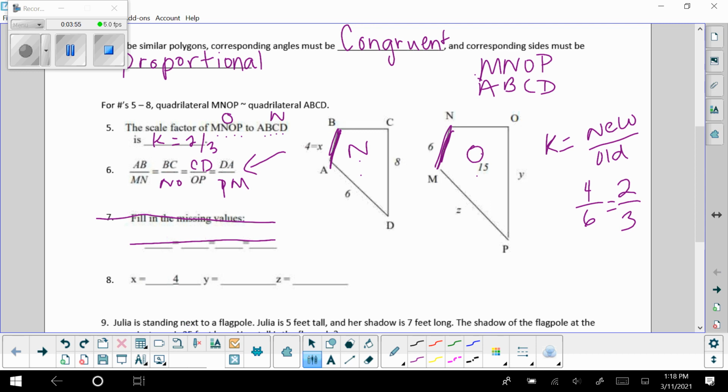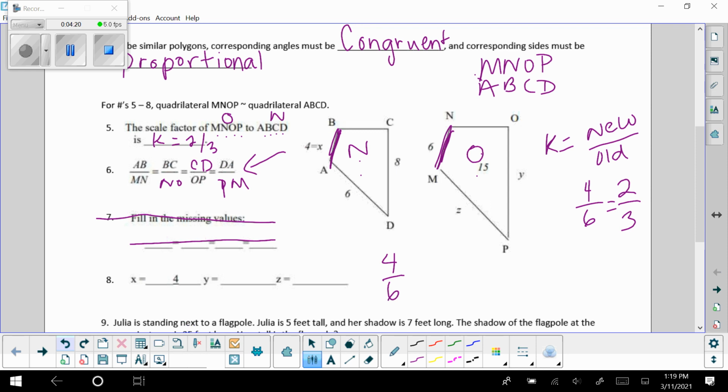So AB over MN is going to be 4 over 6. So basically, if we took this and filled in the numbers. The first thing you're trying to find is y. The 4 is part of the new figure. The 6 is part of the old figure. So I'm going to keep that consistent.